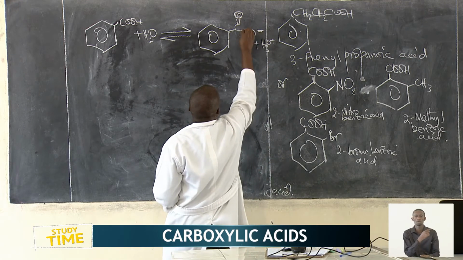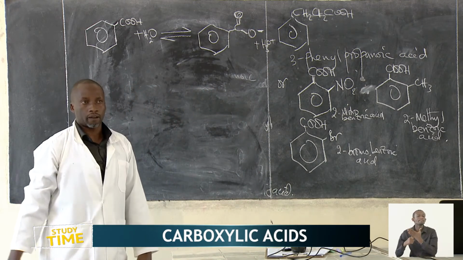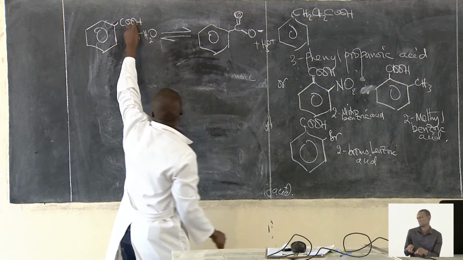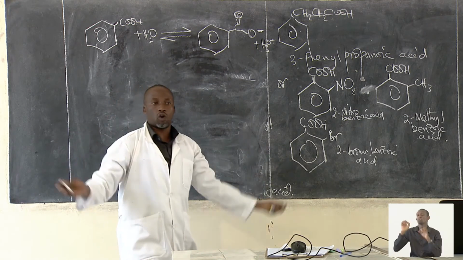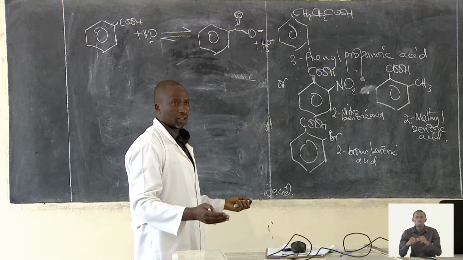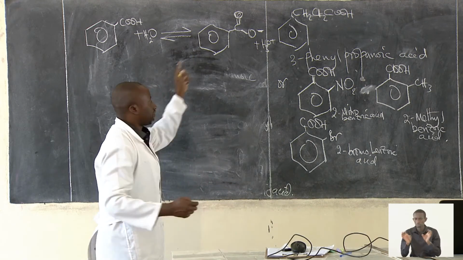This negative charge over there behaves as an acid because it is able to eliminate a proton like other weak organic acids. But we are talking about the effect of the substituents. How do the substituents affect this?